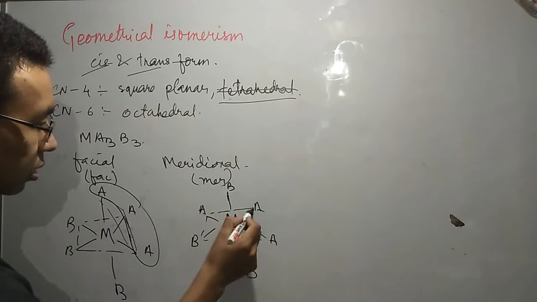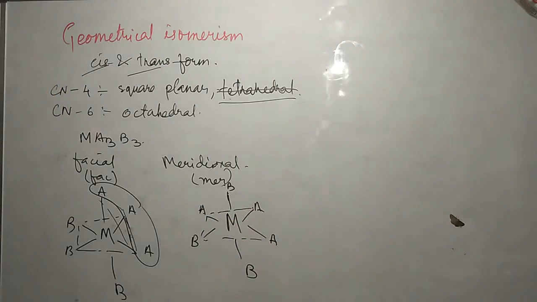So these three same ligands will be on the equatorial. So this is geometrical isomerism.